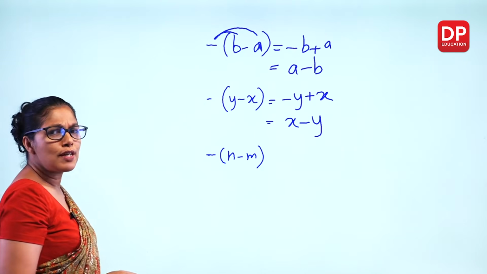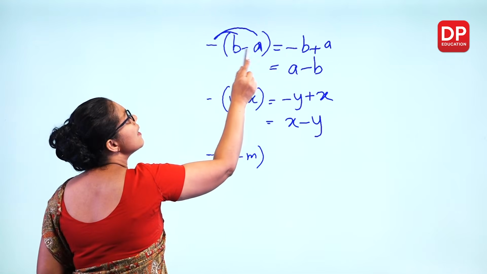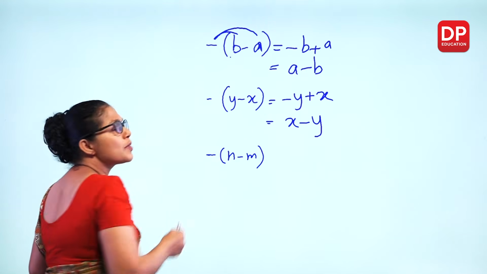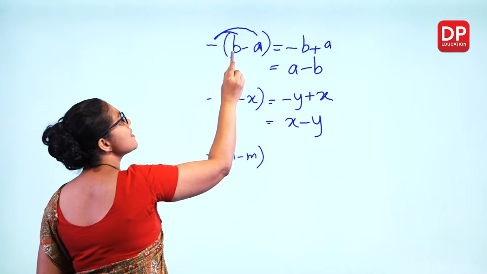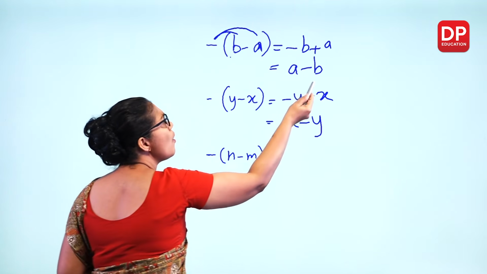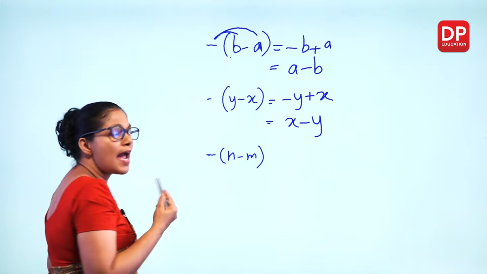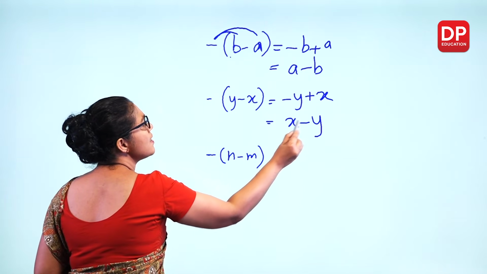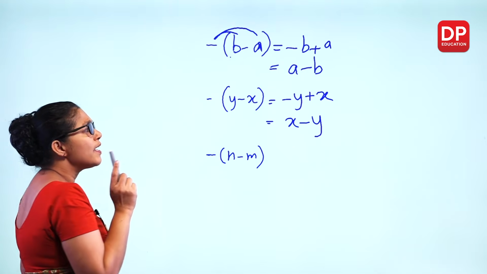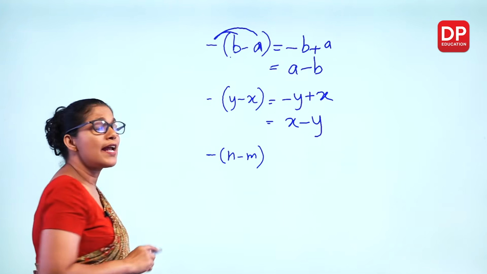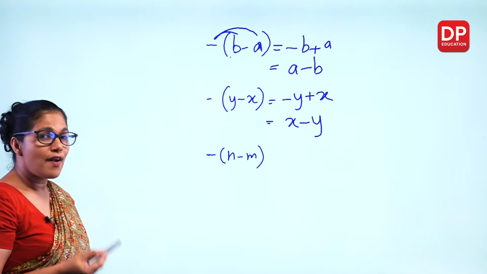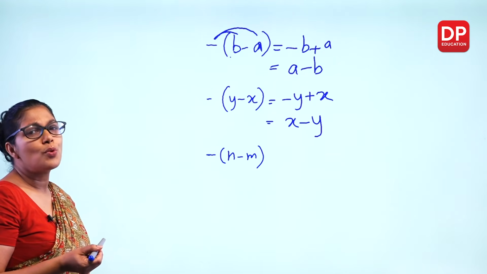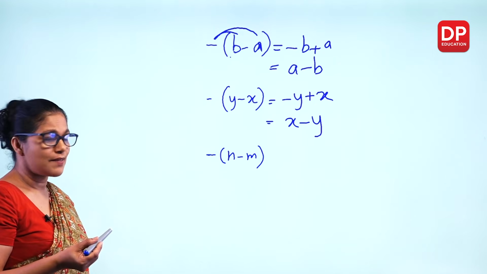Now look carefully at what happens here. These two letters switched each other. So B was first earlier, second A. Now A comes first and B second. So here also x first and then y. So when you have a negative sign with an expression, you can write the same thing by switching the two letters, but it is positive now.